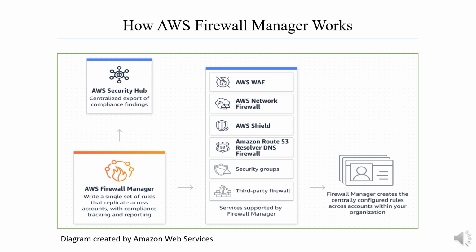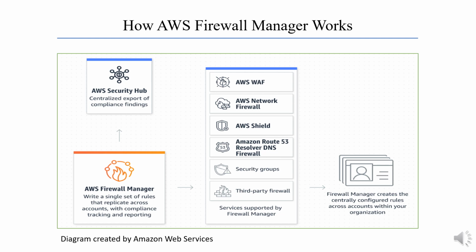AWS Firewall Manager is a security management service that allows you to centrally configure and manage firewall rules across your accounts and applications in AWS Organizations. As new applications are created, Firewall Manager makes it easier to bring new applications and resources into compliance by enforcing a common set of security rules. The diagram is created by Amazon Web Services.